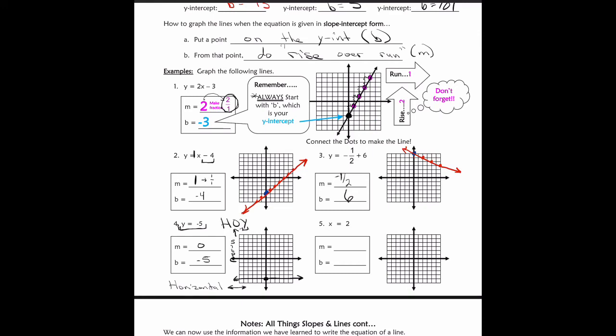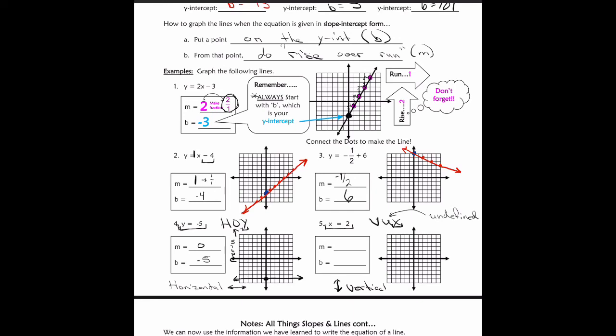So there's my line. Now, whenever I see x equals a number, I want you to think "vux." So this is my vertical line, which is up and down. It's x equals, and my slope is undefined, hence the u in the middle of vux.